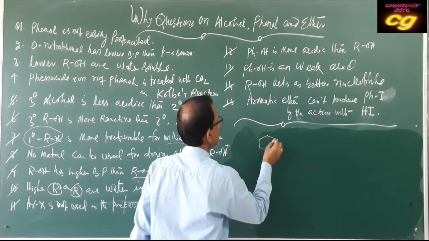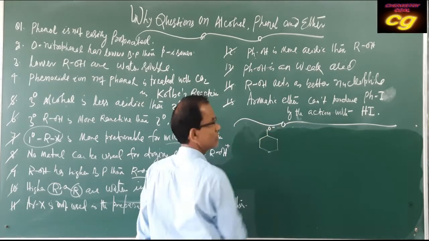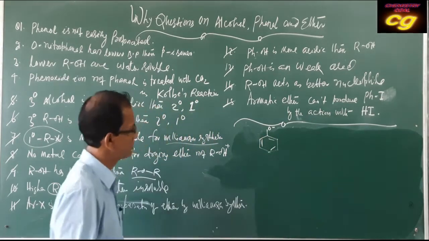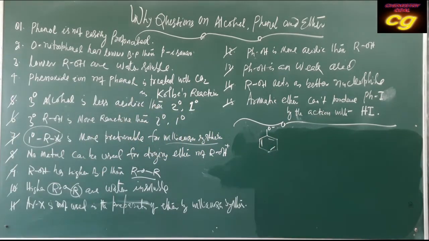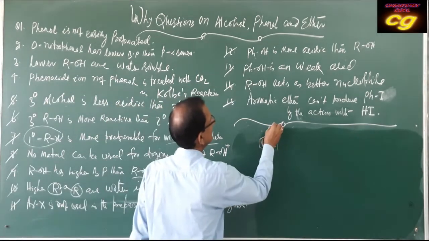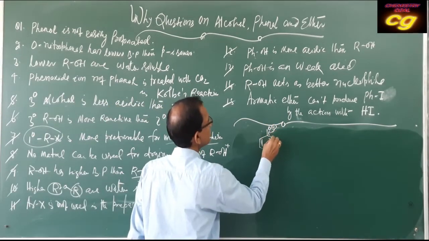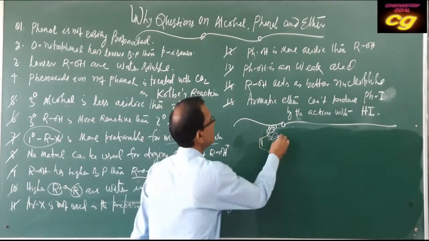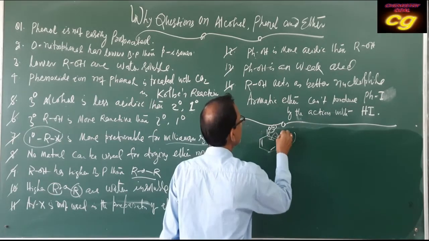Phenoxide ion has a negative charge on oxygen. Due to the negative charge on oxygen, this phenoxide ion donates electrons towards the benzene. That means the +M effect is easily favored.